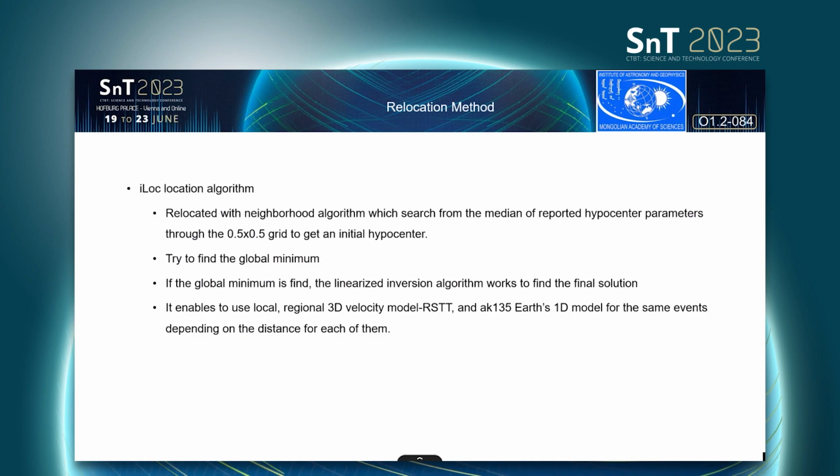If it's found, the linearized inversion algorithm works to find the final solution. ILOC enables use of a 1D local velocity model, a regional 3D velocity model and the teleseismic AK135 Earth velocity model for the same events depending on their distance.